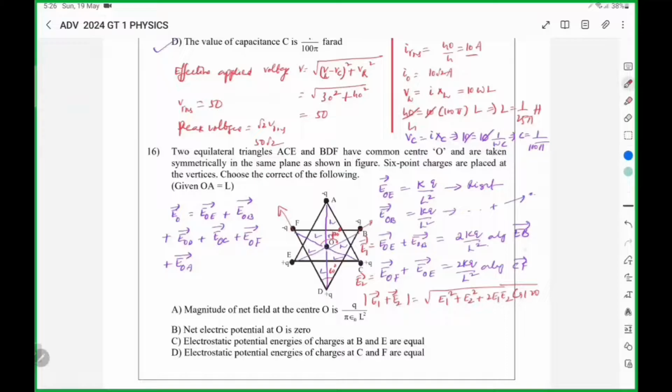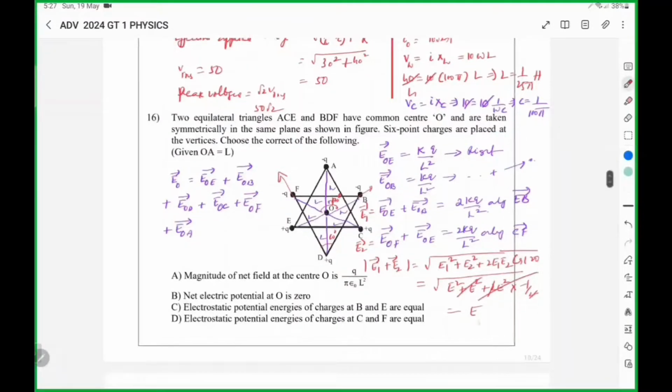E1 and E2 magnitude wise they are same. E square plus E square plus 2E square cos 120. This gets cancelled. E, or E1.